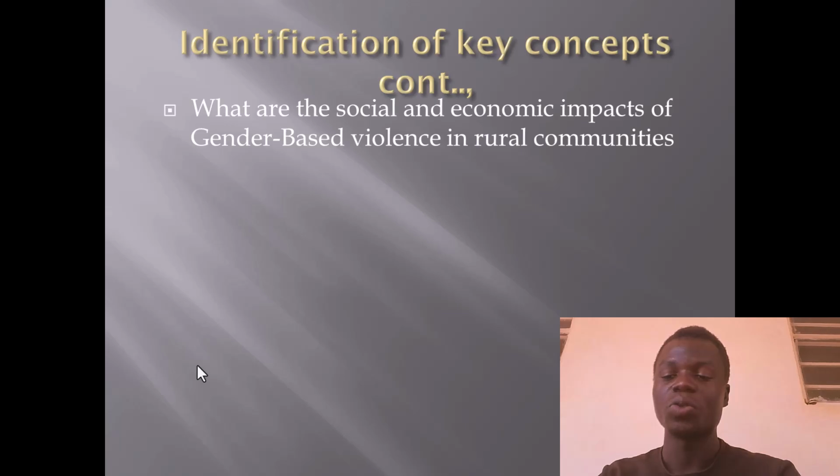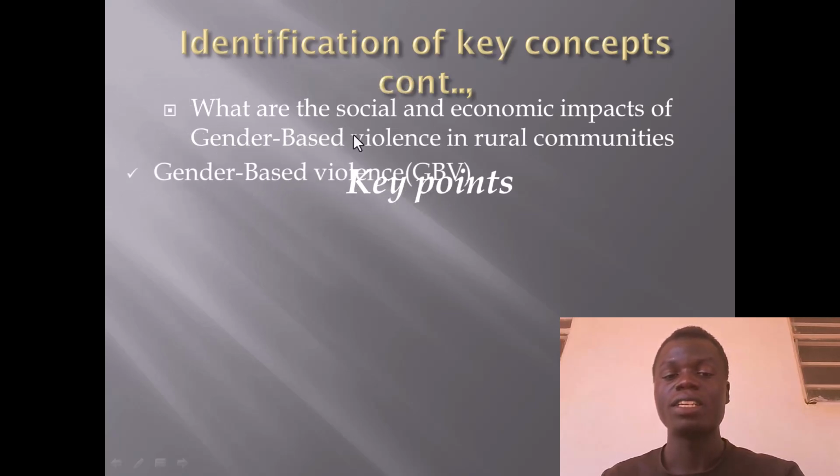For example, when you are given a question like that, what do you really want to do first? To approach such a question, you need to first identify the key terms. The first key term is gender-based violence.